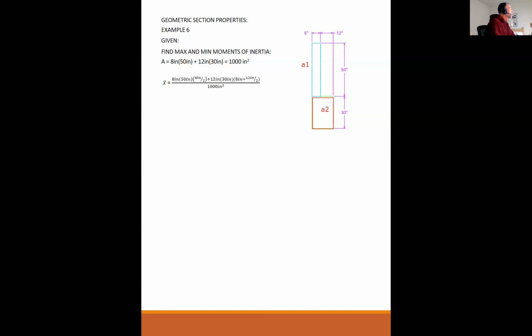Hopefully I got the right answer, even though I got the wrong equation. 7.6 inches, I believe, is the right answer, but I got these numbers in here. I messed up, so I've got to fix those too.